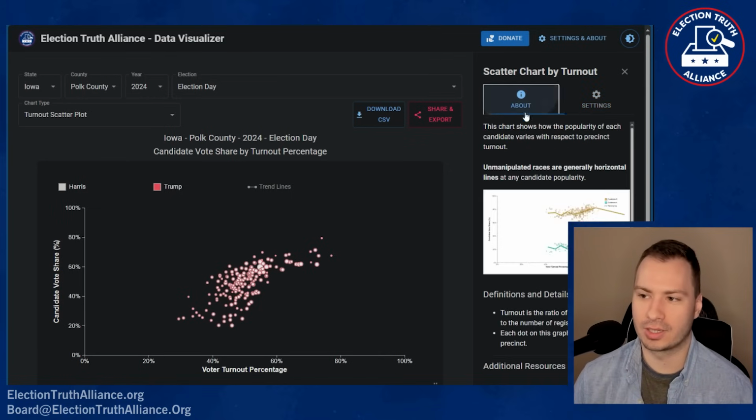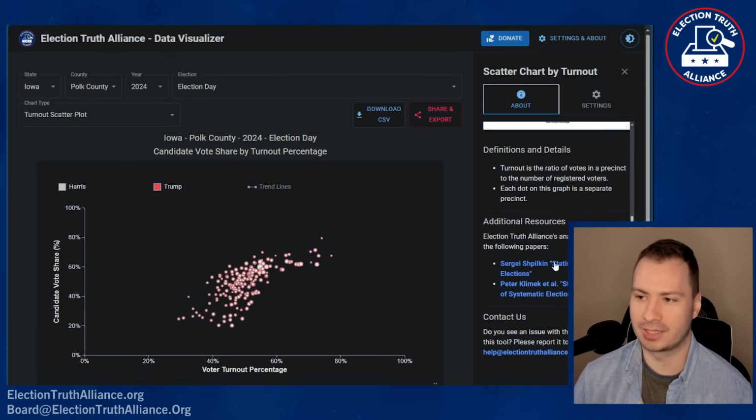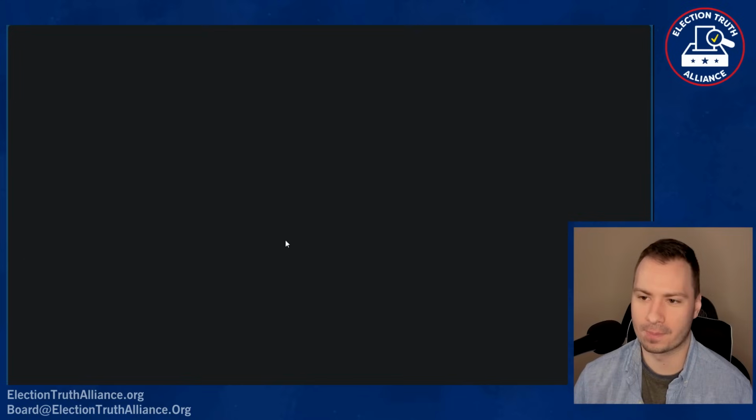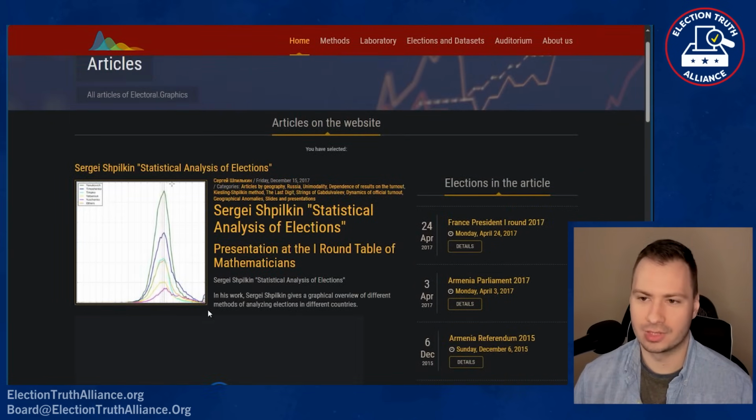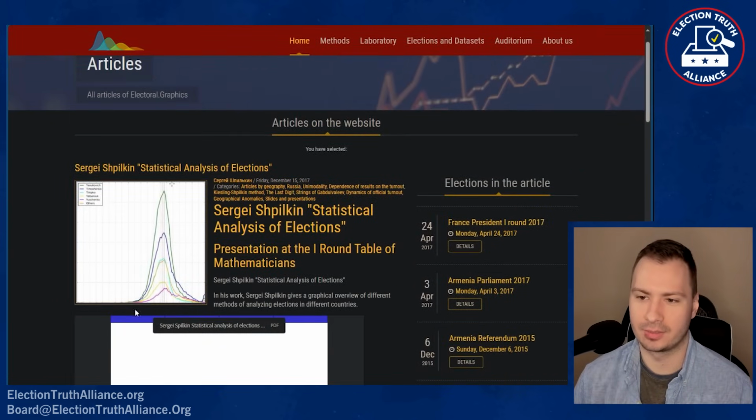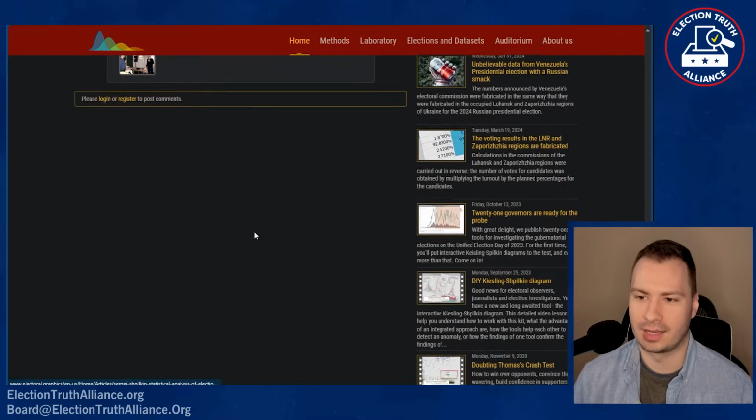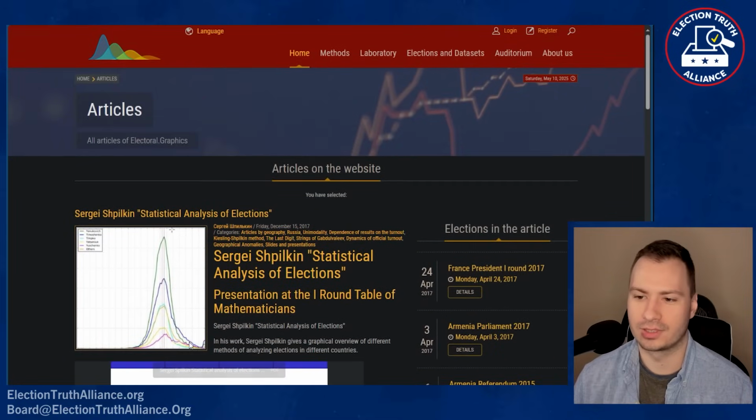As per the work of, for example, Sergei Shpilkin, a well-known European election expert. His analysis warns us, and they use line charts, but it's similar. He uses turnout, and what they warn us of is places where turnout rapidly increases.